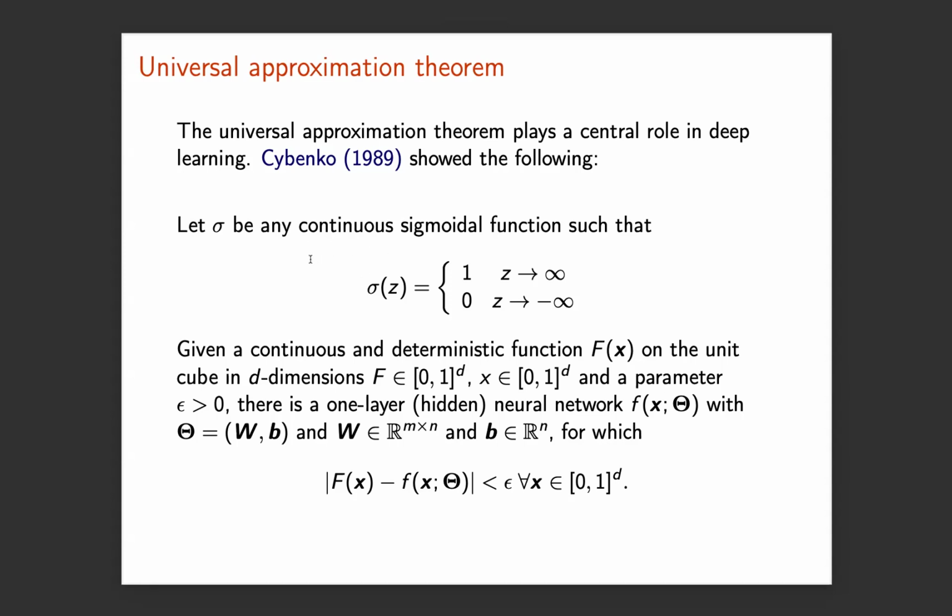It was done with the continuous sigmoid function. And as you know, the sigmoid function is also one of these functions which led to a staggering in the interest for neural networks, because this function leads to the problem of both vanishing gradients and exploding gradients in the training.